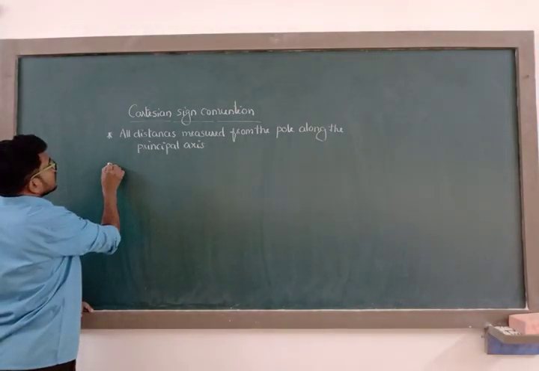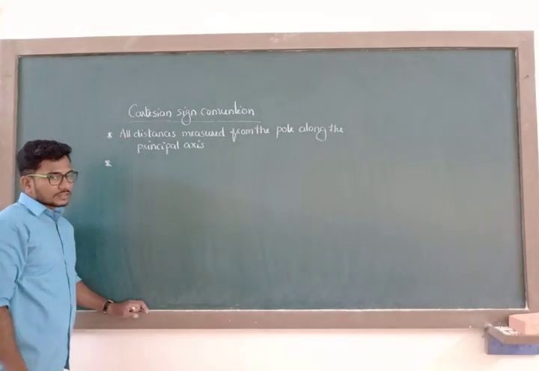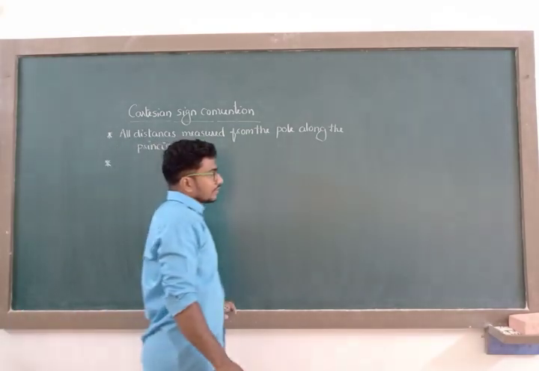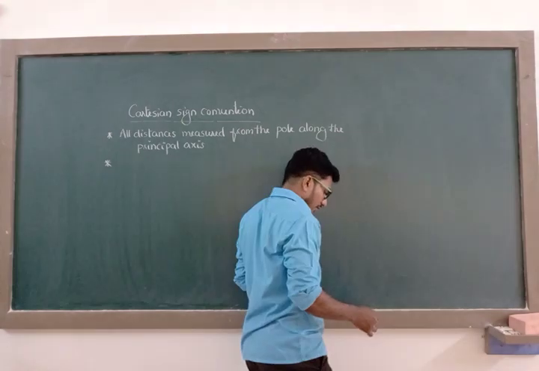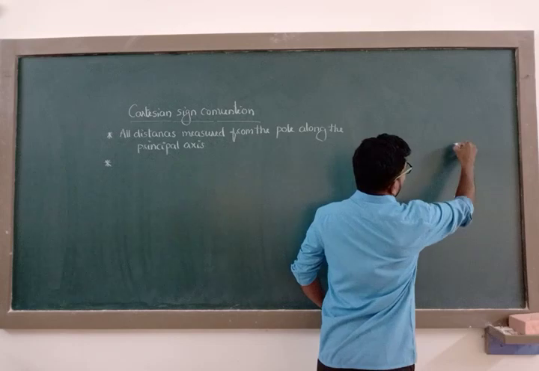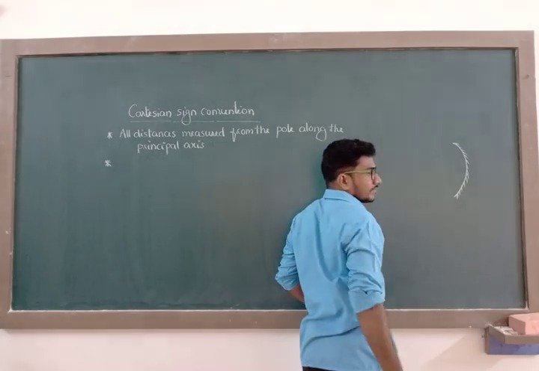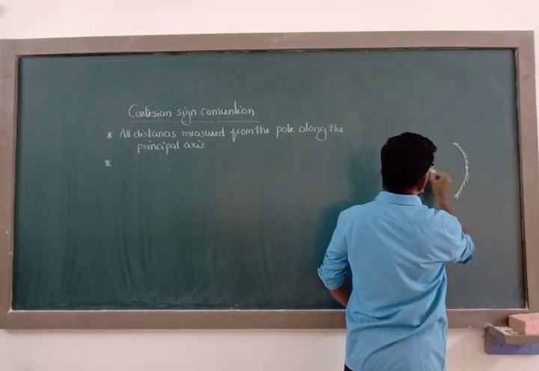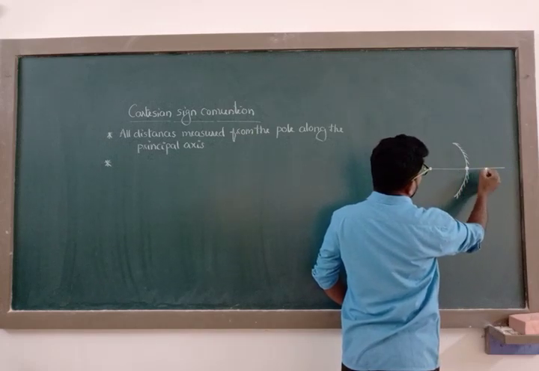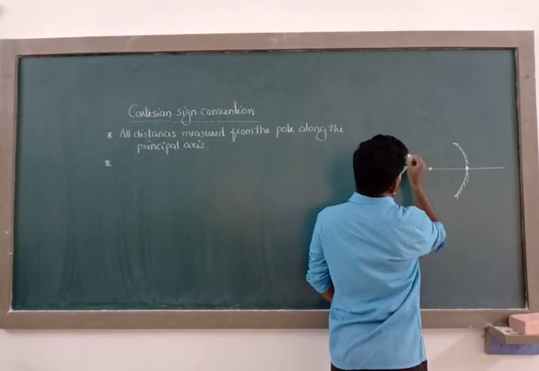Second one, the distances measured in the direction of incident light. For example, in case of a concave mirror, the outer surface is opaque, the inner surface is reflecting. Pole, center of curvature, principal axis. So let us consider an incident light ray.